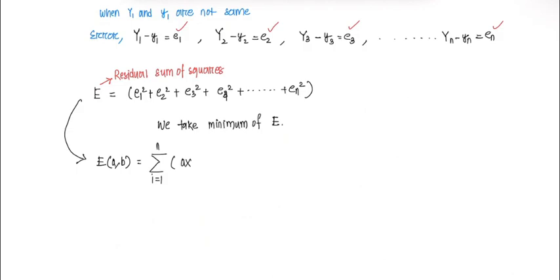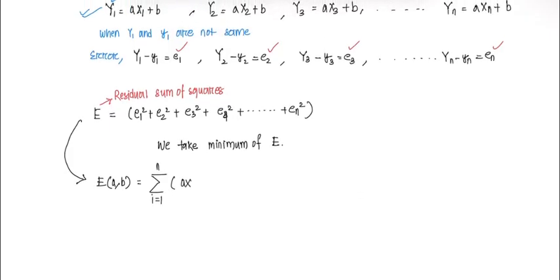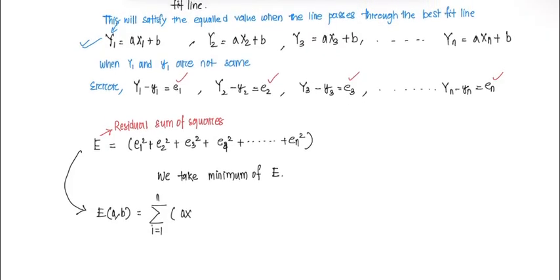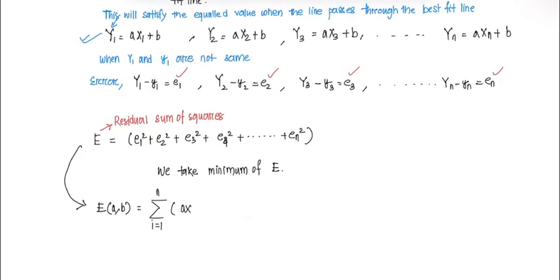If you are not getting the thing, look here. I'm just putting these values, writing it in terms of i: a xi plus b minus yi, and taking the squares.